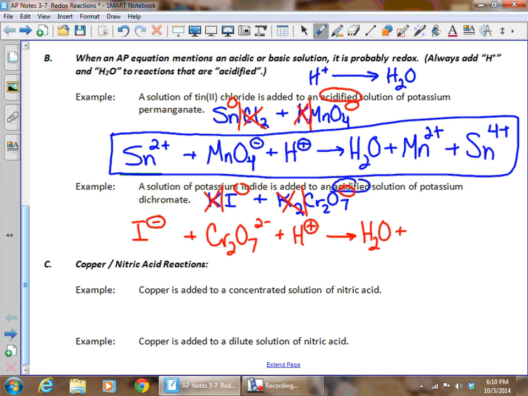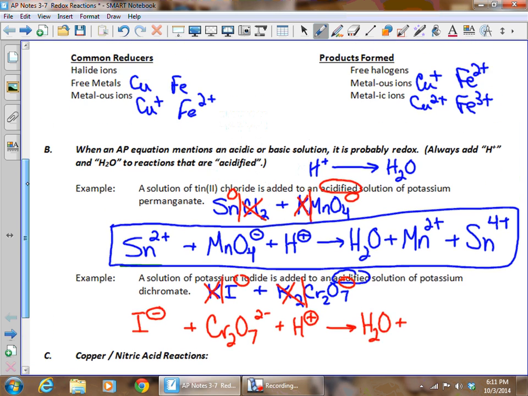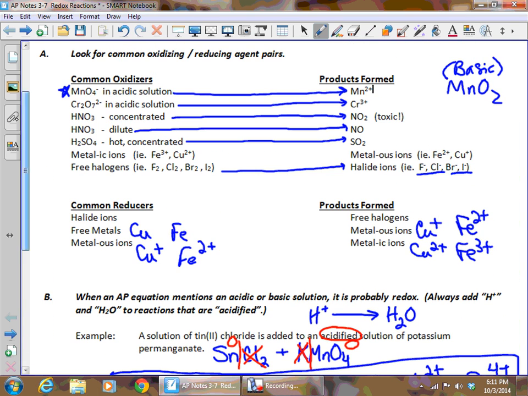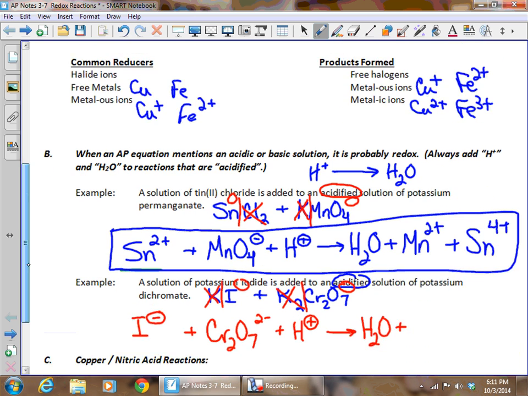But so we've got this much going, and now we look back into our table and we find something that we see happens all the time in reactions like this. And we go back up to the top and we see that Cr2O7 in acidic solution always forms that Cr3+. So let's go back down here and fix that.